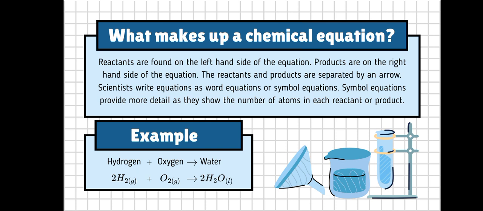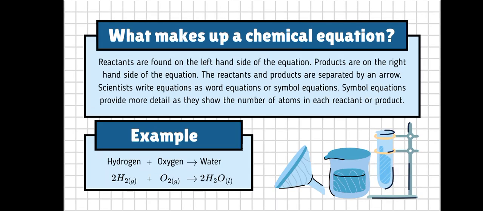Reactants are the materials, chemicals or elements that are reacting and producing a product, and you will call the result a product. Products and reactants are separated by an arrow, as you can see here that this arrow is just separating products and reactants.